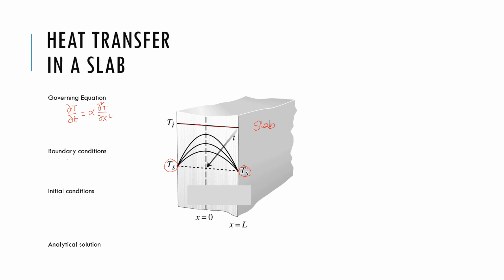The boundary conditions are T at x equal to L is equal to Ts, and del T del x at x equal to 0 is equal to 0. That's the symmetry condition. The initial condition is T at all x at t equal to 0 is equal to Ti, a constant value.